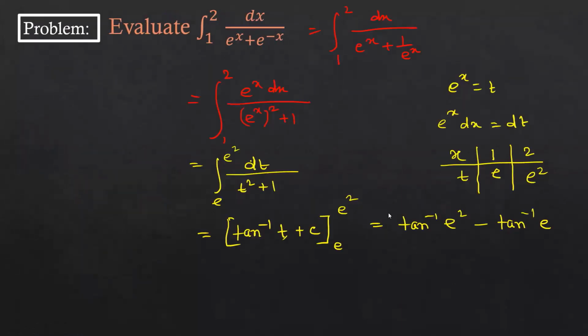Sir, when there is a limit, is there any need to write C? When there is a limit, in the definite integral, actually the indefinite integral has a C, okay? Actually there is a C, but if you don't take that, it will not change your values, okay?